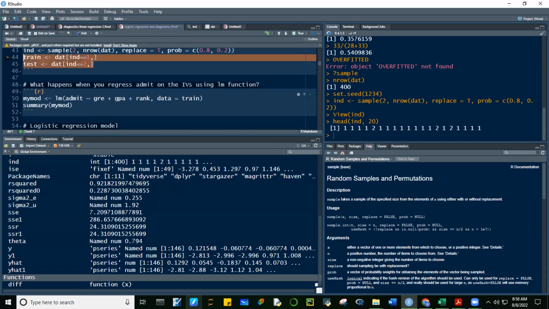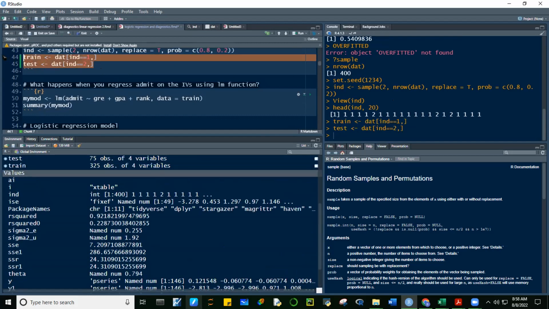So let's do this. Okay, so we now have test and train. Take note, test is 75 observations. So approximate lang yung ano, no? Kasi 400 yung sample size natin dun sa dot times 0.8, 80%.